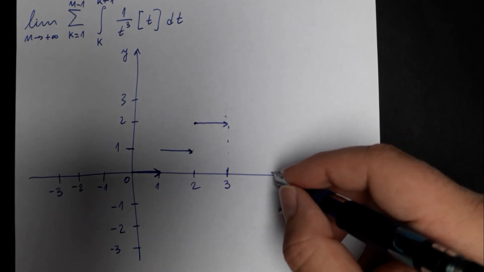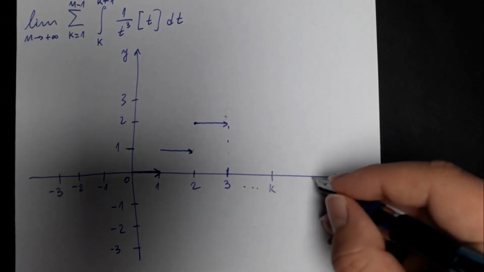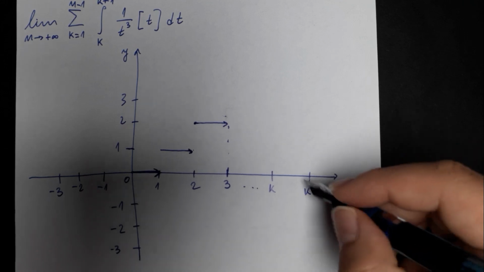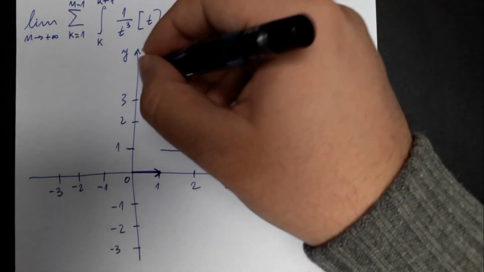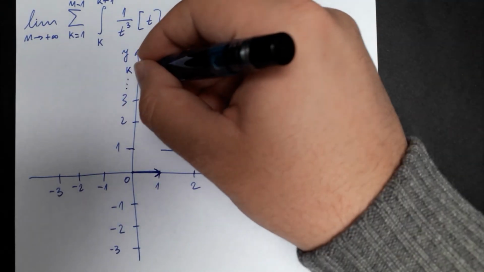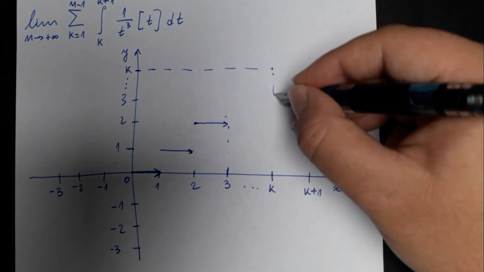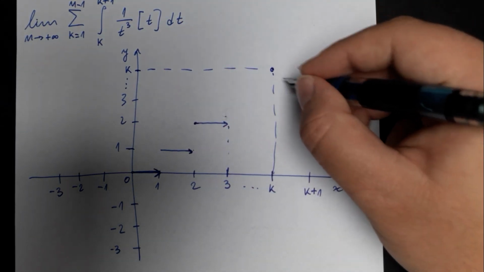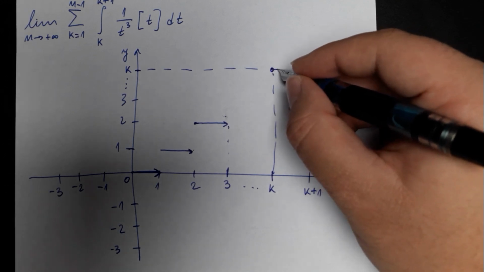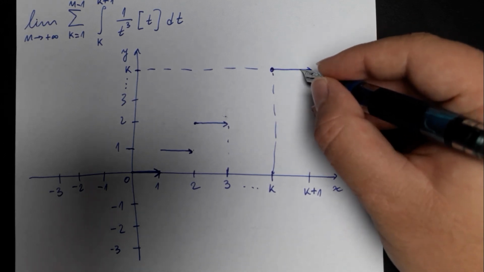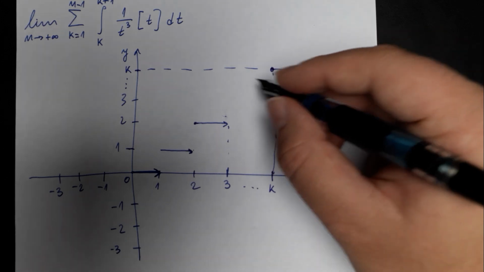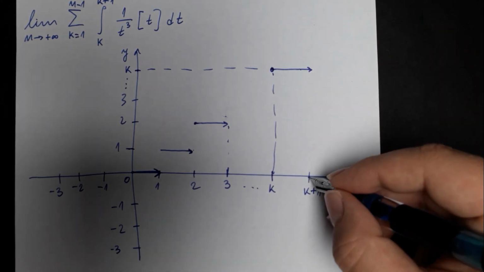So when we take a look from the k to k plus 1 interval, the k is going to have an image at number k, which is this dot right here, and everything up to k plus 1 is going to have an image at k, except k plus 1.